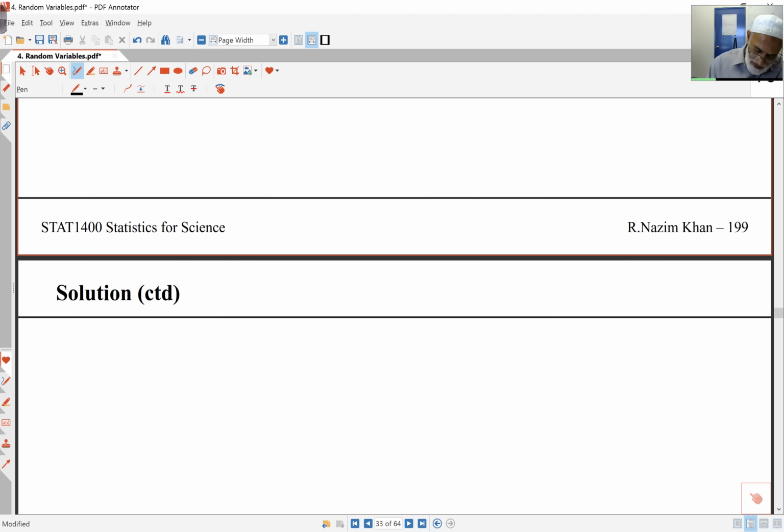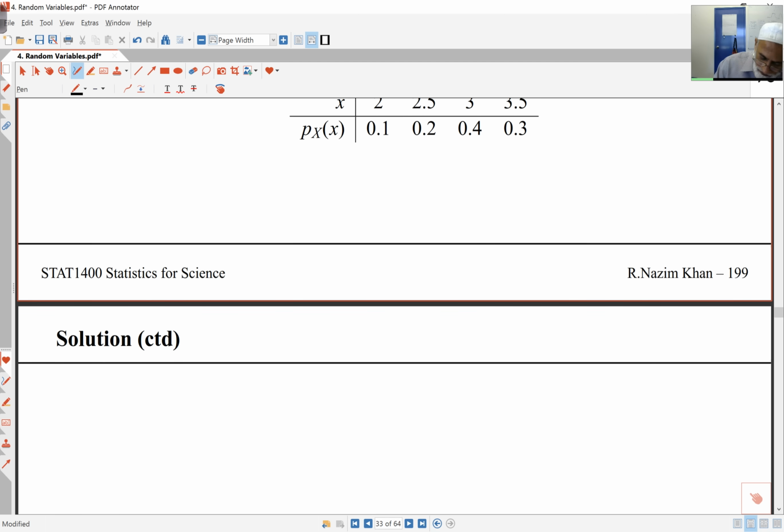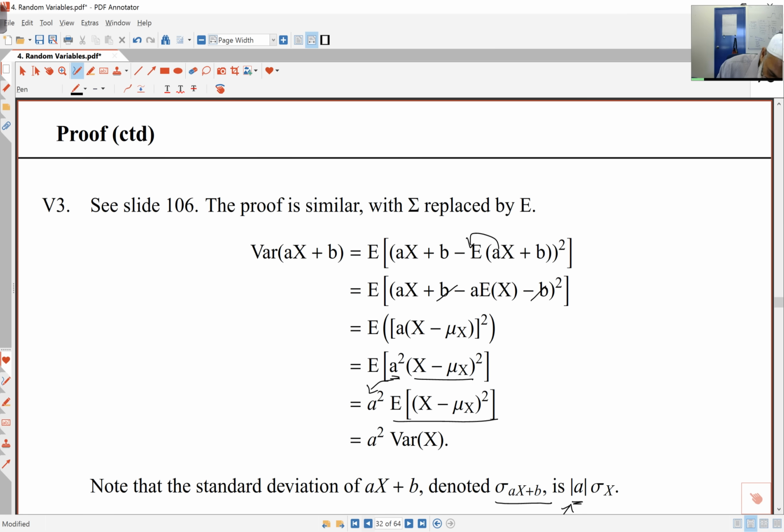Now I want to find the mean and variance. So I can almost do the thing over here.